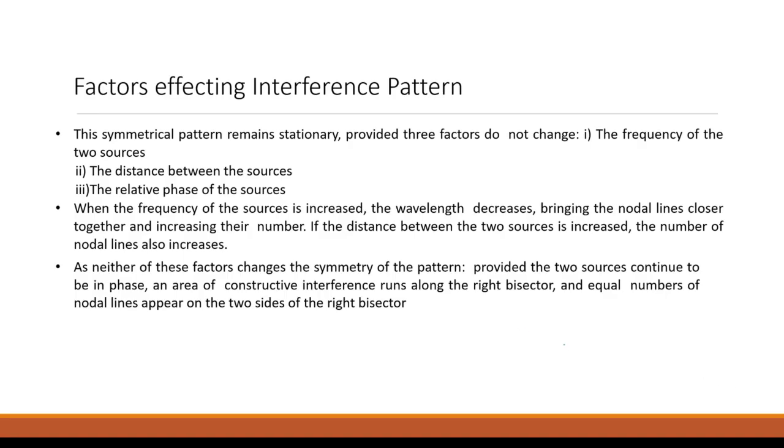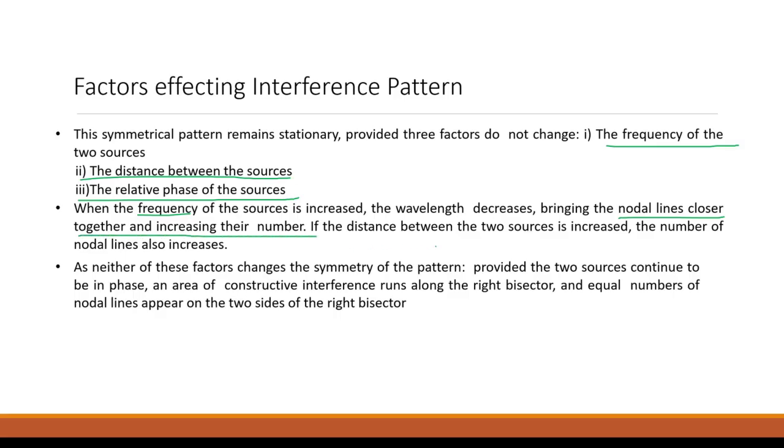So what factors affect an interference pattern? This pattern will remain stationary as long as three things don't change: the frequency of the two sources, the distance between the sources, and the relative phase of the sources. When the frequency of the source is increased, the wavelength is going to decrease, bringing these nodal lines closer together and also increasing their number.